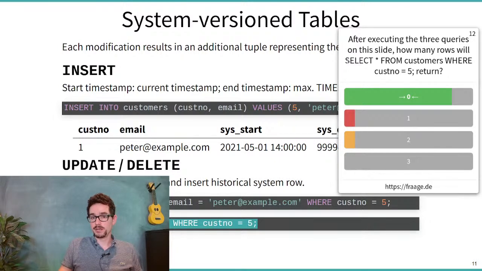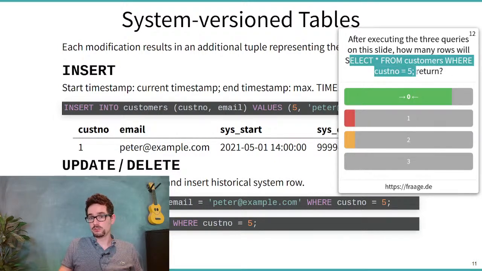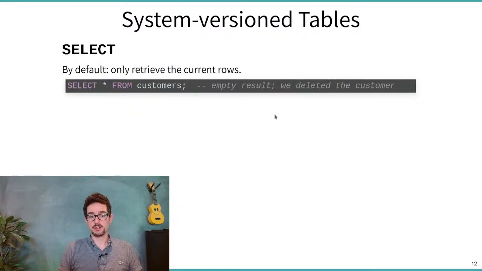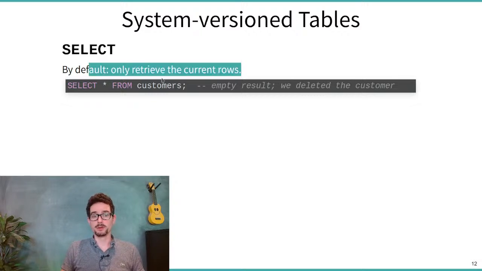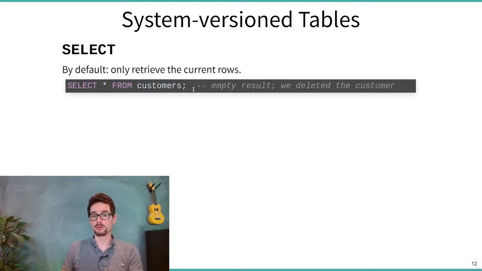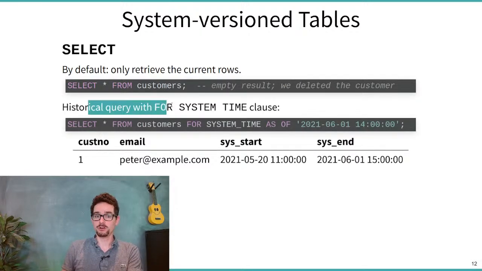So by default, each query gives us the current state, but we have, with the FOR SYSTEM_TIME clause, access to the historical states. So by default, we only retrieve the current rows. Empty result because we deleted the customer. Historical queries use the FOR SYSTEM_TIME clause.